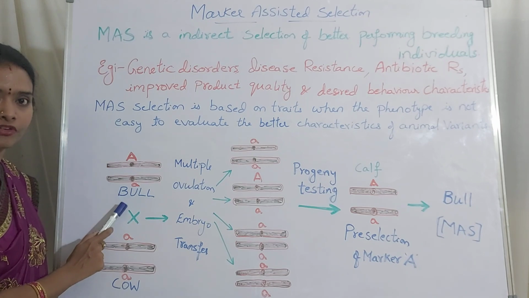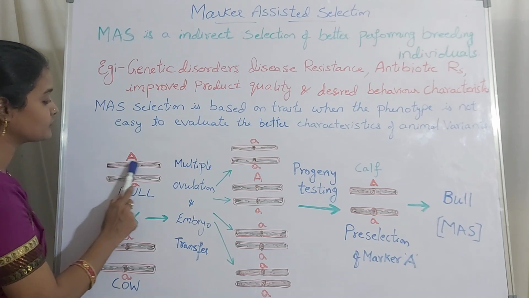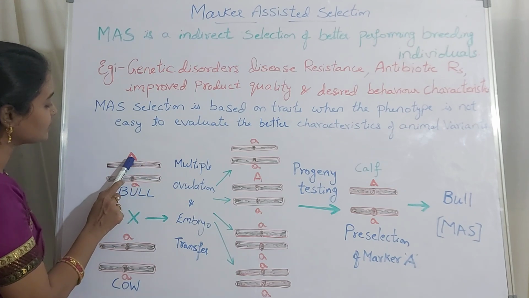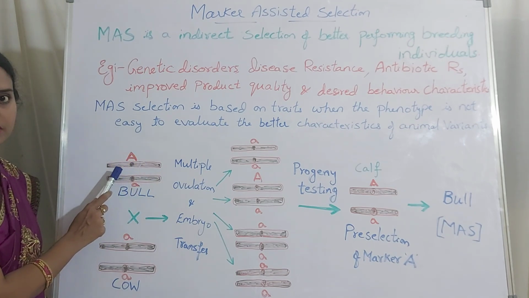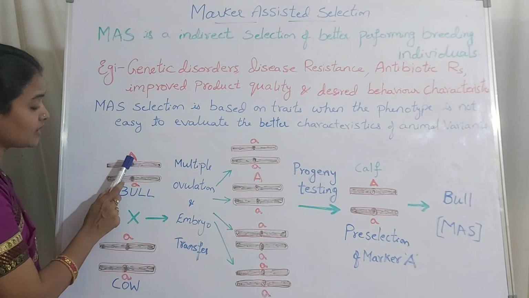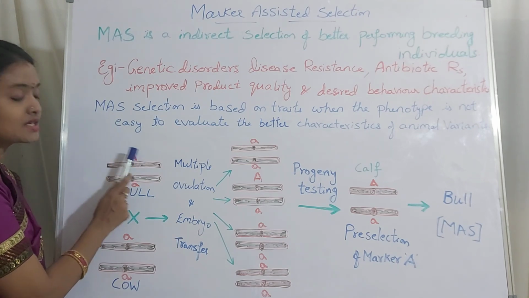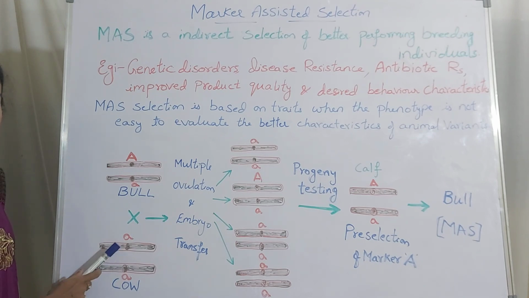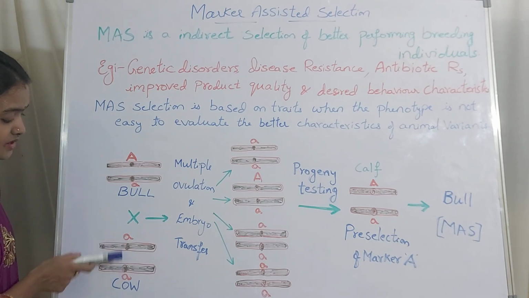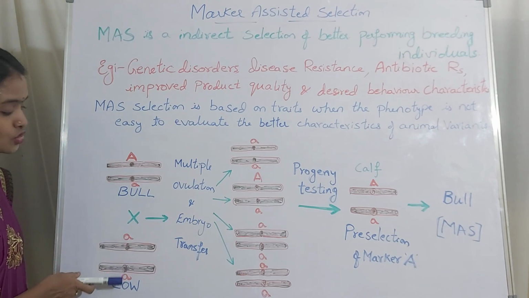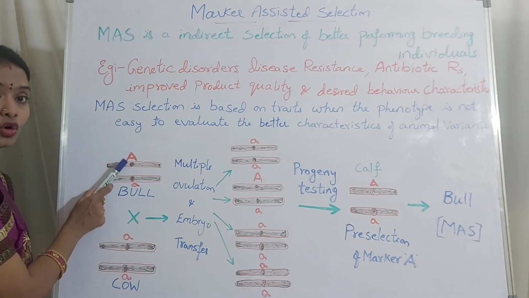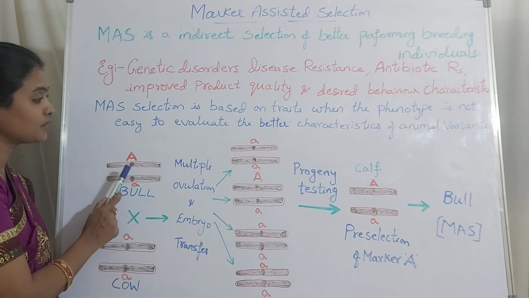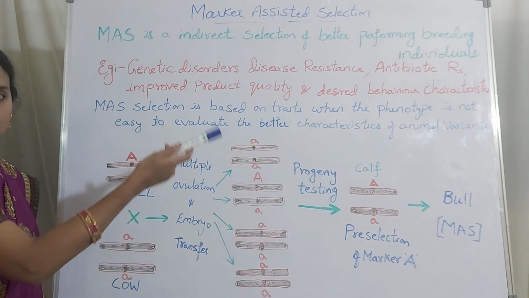The better performance of the bull is because of these genes. So I am selecting A as a marker, so A acts as a marker for this selection process. Now you have the female animal which has both recessive genes. I have tagged a marker only to the male one because I want these superior qualities to be reflected in the progeny.